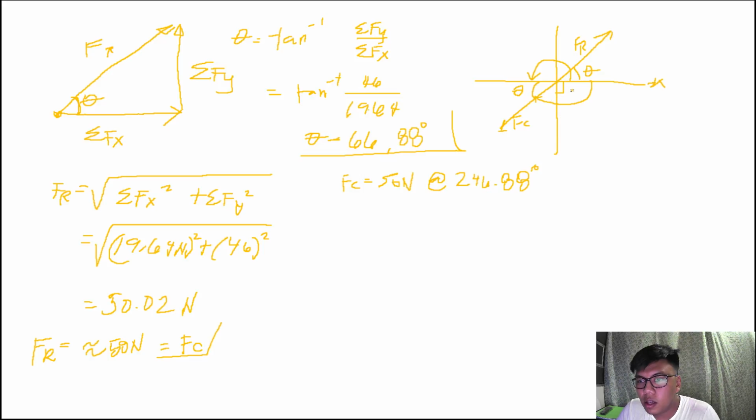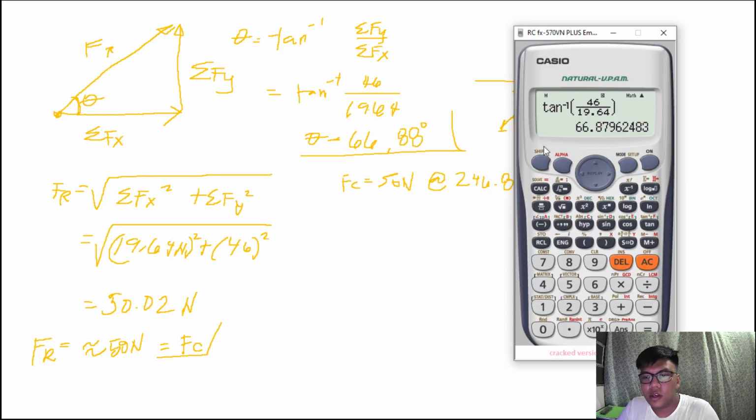So you have 90 plus 90 minus theta, which is 66.88. So pwede ito, negative 90, tapos plus yung angle na to. This is negative, ano? So we have negative, okay, calculate na natin. So we have negative 90 minus, so this is 90 minus 66.88.